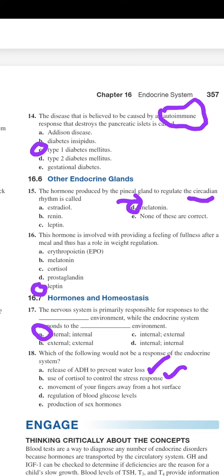Movement of your fingers away from a hot surface, so this is a reflex action. It makes answer 17 even more correct, because movement of your fingers is a response to the external environment, and the other options are all things happening inside your body. So it is C. That was the last question.